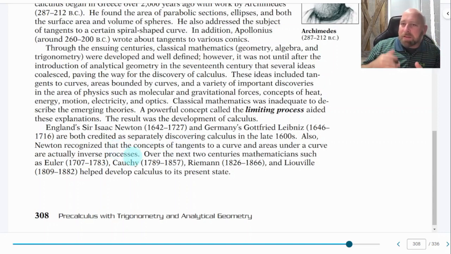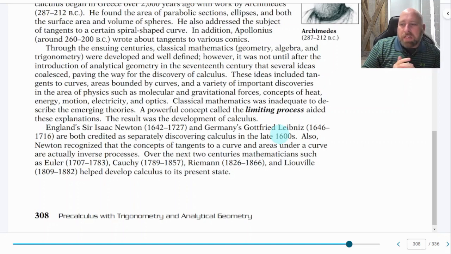And one thing that makes calculus a little interesting is some books will use the Sir Isaac Newton form of teaching calculus, and some will use the Leibniz form. So sometimes you're going to see different formats of doing certain things. Here's the cool thing: it's doing the same thing, but it's using a different notation or a different kind of method, if you will, to get the same things accomplished.